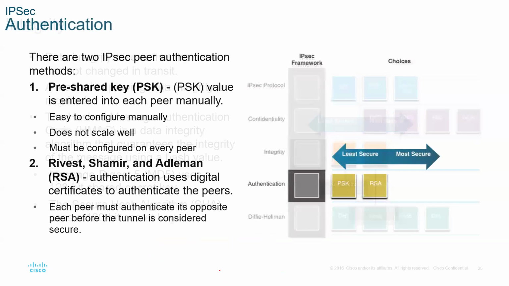That's integrity. Authentication is more about telling the system who you are. We have two methods that work there, PSK, pre-shared key, and RSA. RSA makes use of digital certificates.